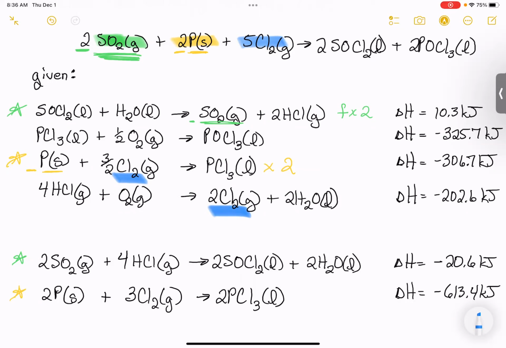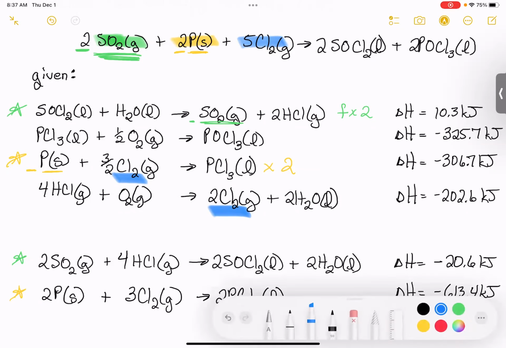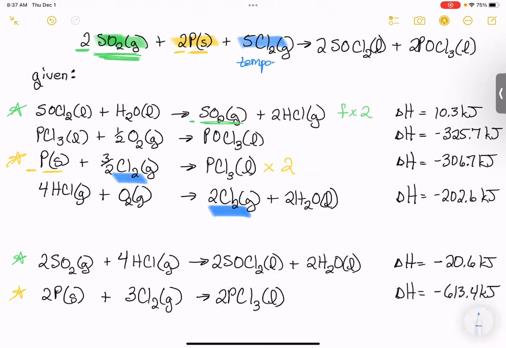When you have the desired substance in more than one equation, temporarily skip that substance. We'll come back to it, but let's skip it for now. Usually, not always, but usually it'll work itself out if you take care of everybody else.